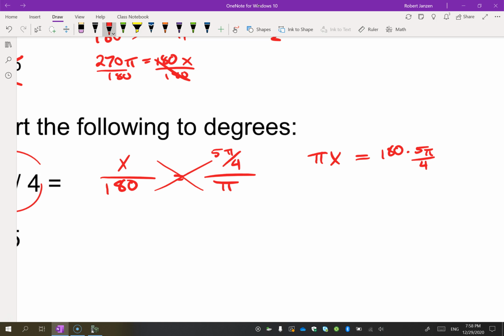And then if I want to get x by itself, I'm going to divide both sides by pi. Okay, and I get x is, well, 180 times 5, this is 900 pi over 4 over pi. Well, these pi's cancel out, so you get 900 over 4, which is 225 degrees.